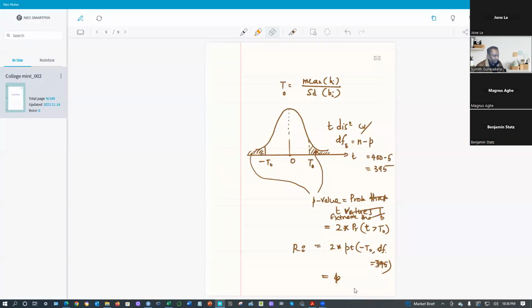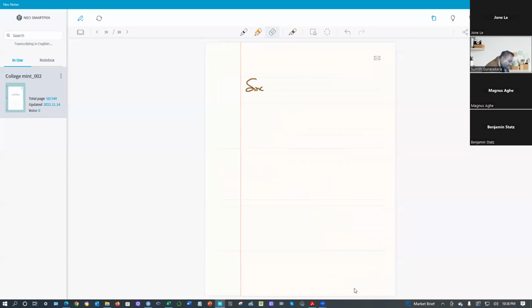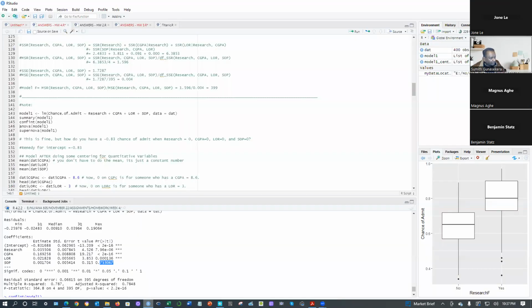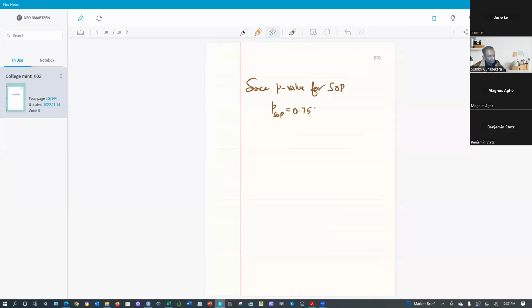If you take this into account, I can write over here the p-value for statement of purpose, SOP, which is 0.753067, greater than alpha.